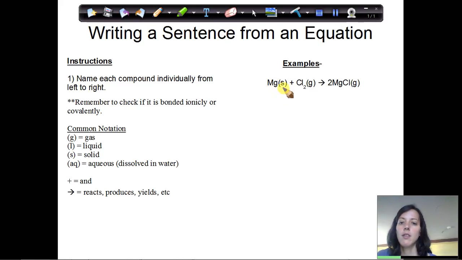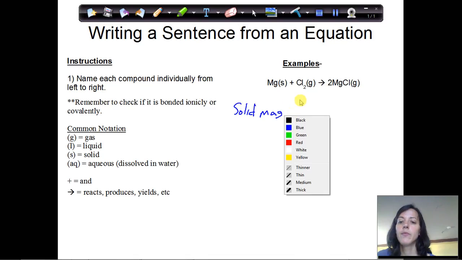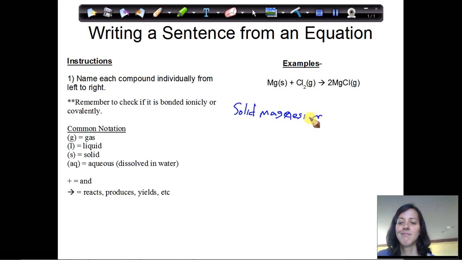So let's write this out. We have solid magnesium, and chlorine gas, and this arrow can mean, you can write it out as a lot of things.